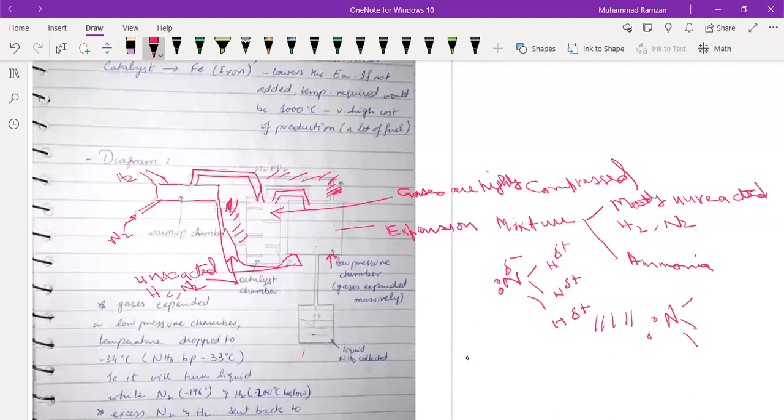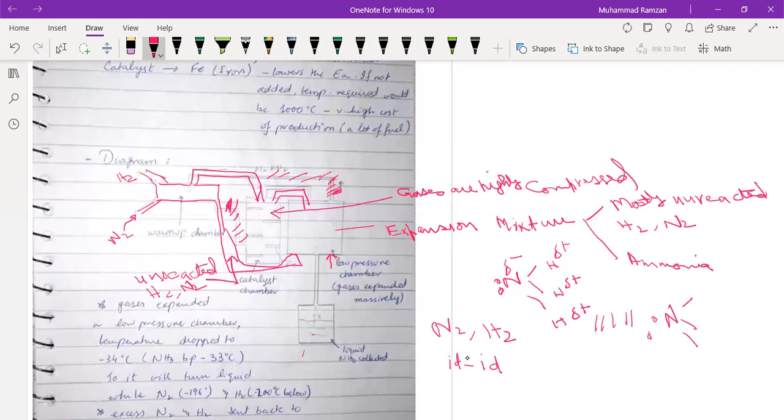Regarding N2 and H2, they are nonpolar, and nonpolar molecules have induced dipole forces, or London dispersion forces, or van der Waals forces, and they are weak forces. That's why their boiling point is quite low.